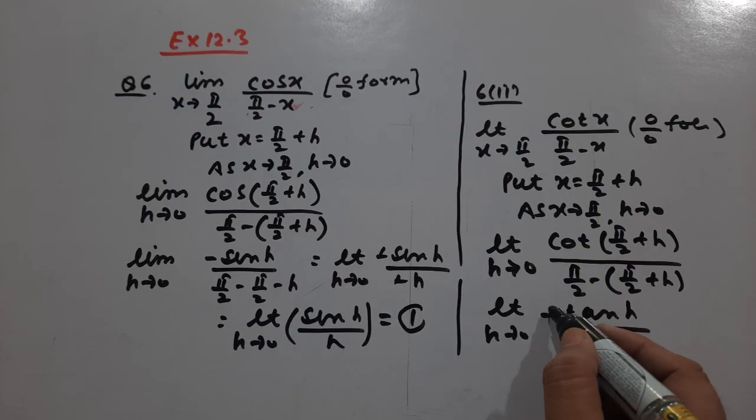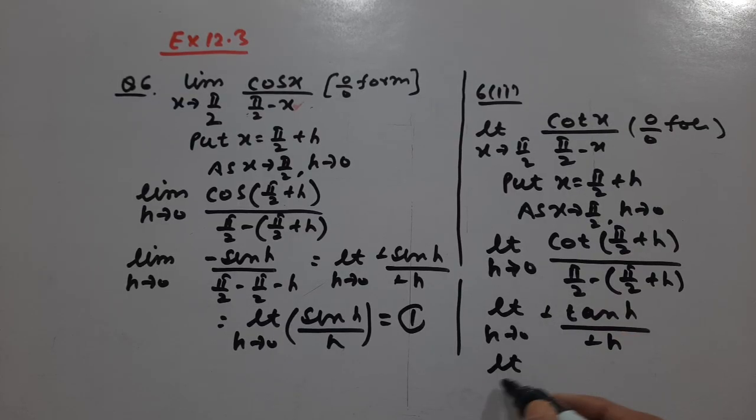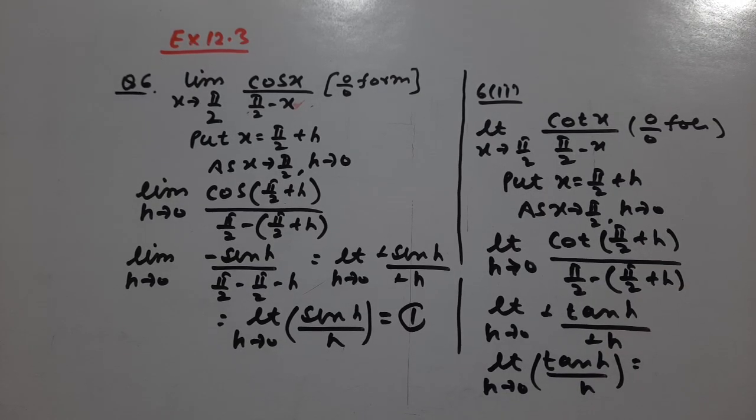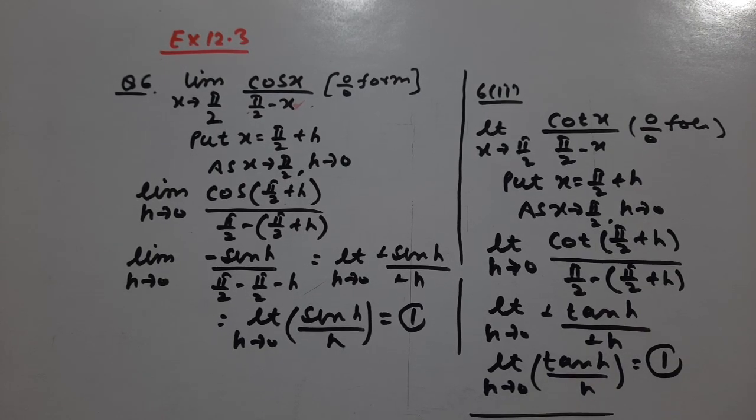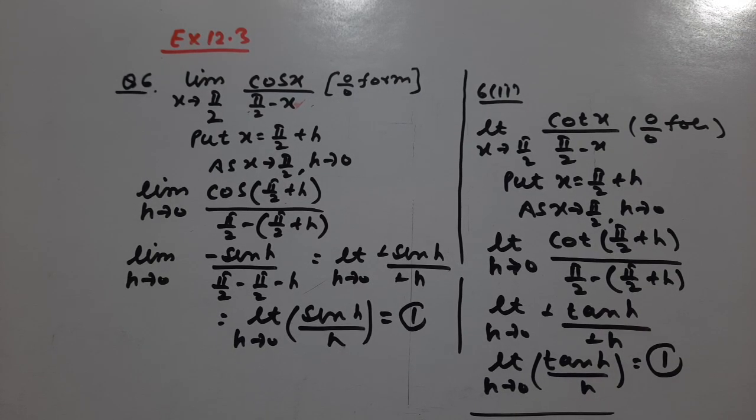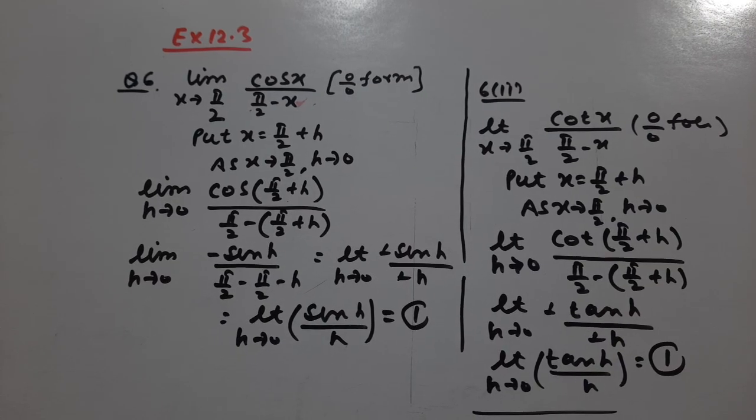Cancelling minus with minus sign, we get limit h tends to 0 of tangent h upon h, and we know that this equals 1. So our answer is 1. Students, I hope this is clear to you.